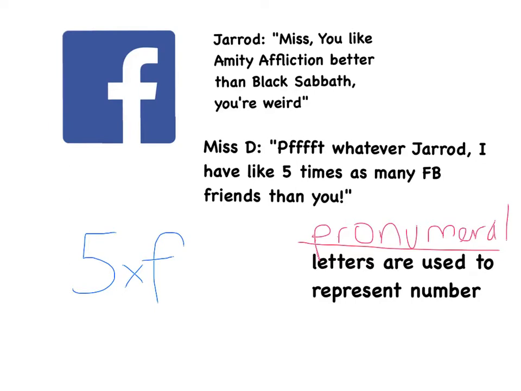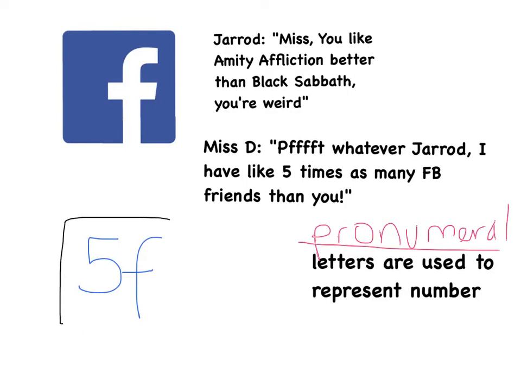Instead of writing it with multiplication, in algebraic expressions, if I just write 5 and then the pronumeral, 5F, that suffices. I don't know how many Facebook friends I have, but I have 5 times as many as Jared. So I represent my unknown, how many Facebook friends I have, with the pronumeral F.